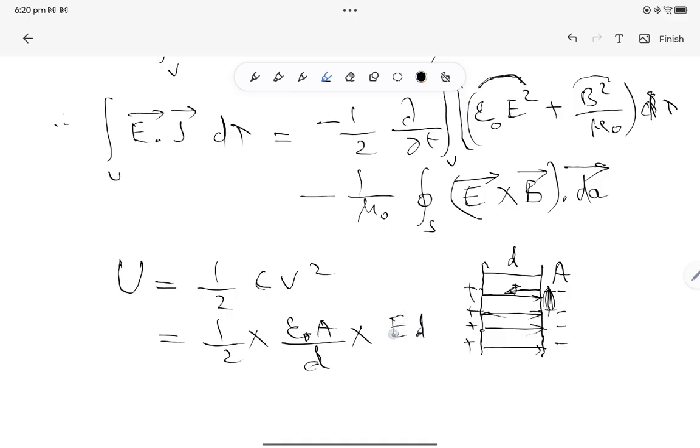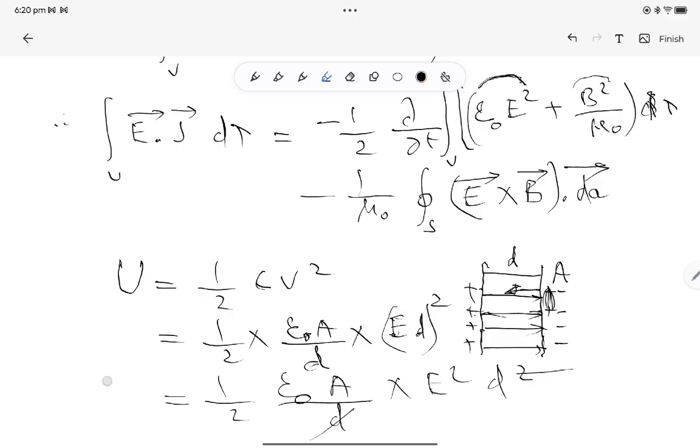Now this is force per unit charge. F is total force, but we are speaking about force per unit charge, that is E. So this is the work done on a unit charge in taking it from this place to this place, squared, that is 1 by 2 epsilon naught A by D into E square D square.